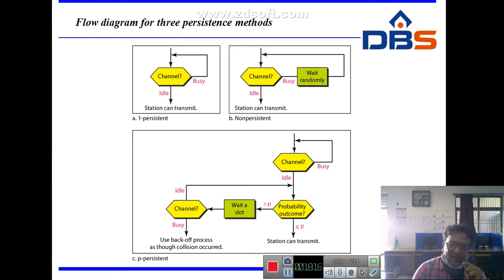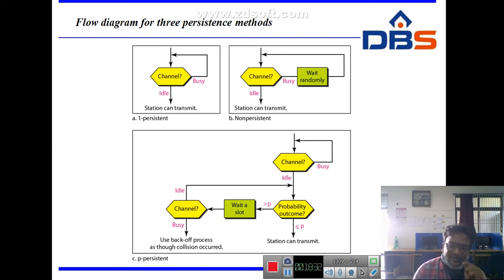Whenever the channel is found idle, then station A sends the information from transmitter to receiver. That is the non-persistent method.